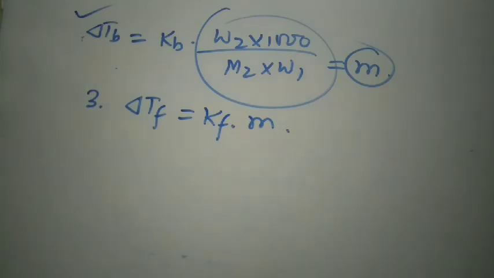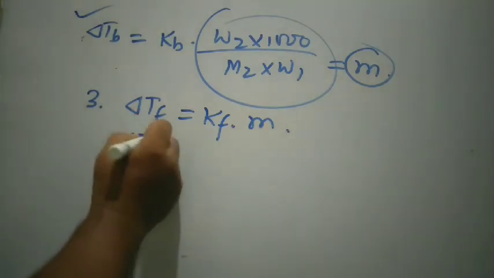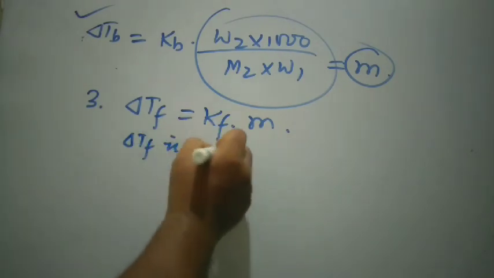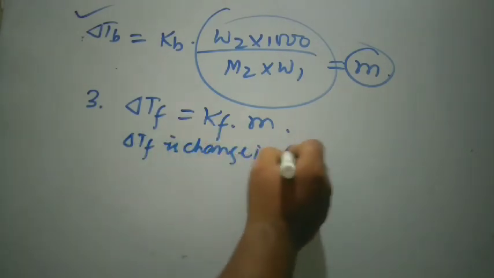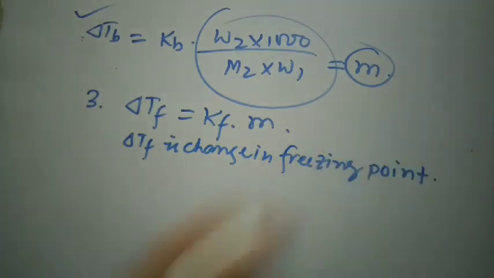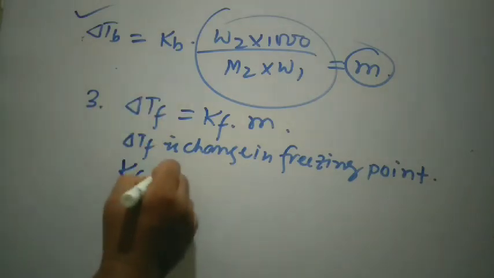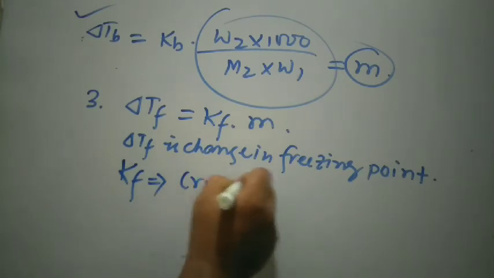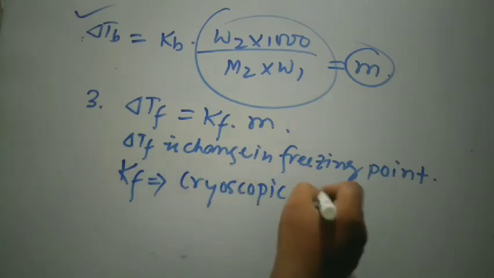Similar formula where delta Tf is the change in freezing point, and Kf is known as the cryoscopic constant.